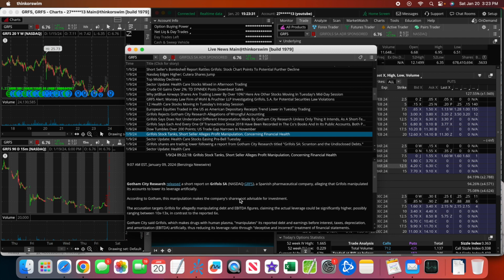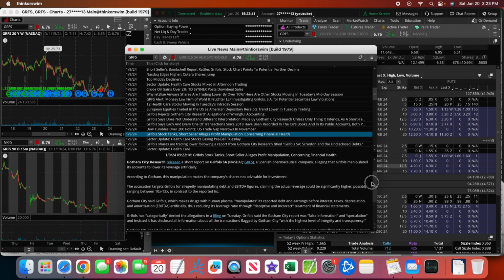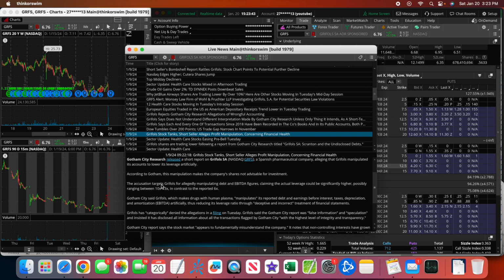Then you can read it. As you've been doing the video, if you want to look it up, it's GRFS. You want to look it up, look it up. It says, alleging that their leverage is higher than their 6x. They're really 10 to 13x.